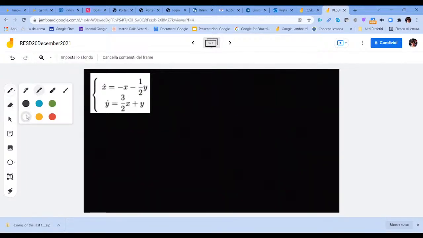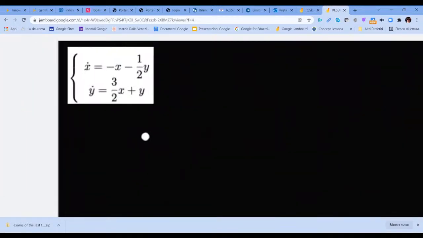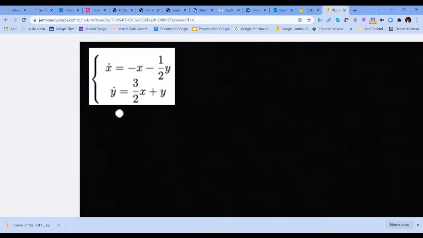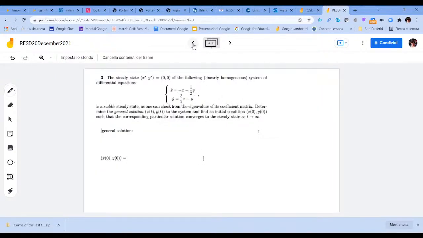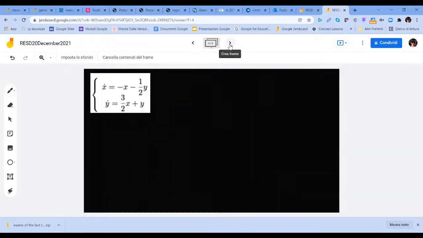We can rewrite the system as a matrix computation, with the matrix of the system. It is x and y, but you are in the two-dimensional case anyway, because you have x and y, and normally we wrote in the other exercise x1 and x2.